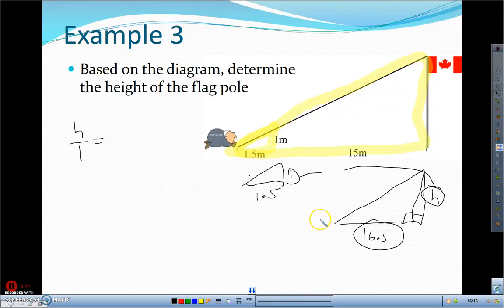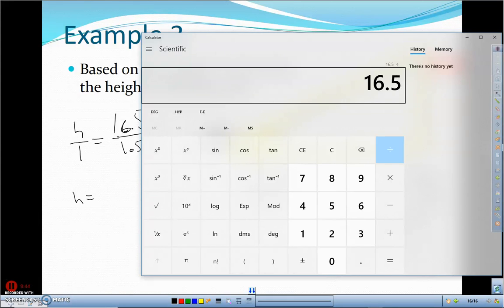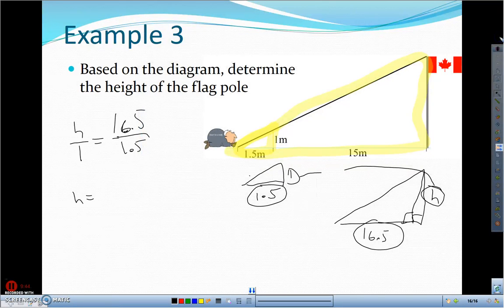This is going to be 16.5 over 1.5. h divided by 1 is just h, so we just need to do 16.5 divided by 1.5, which is equal to 11. So the height of the flagpole is 11 meters. The pole is 11 meters tall.